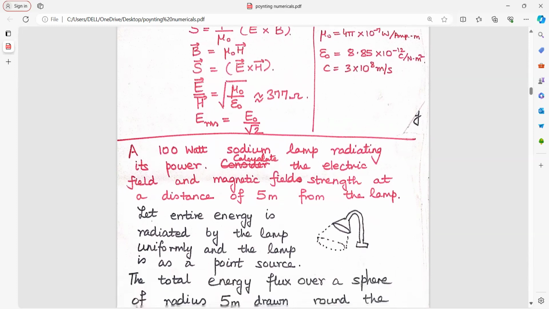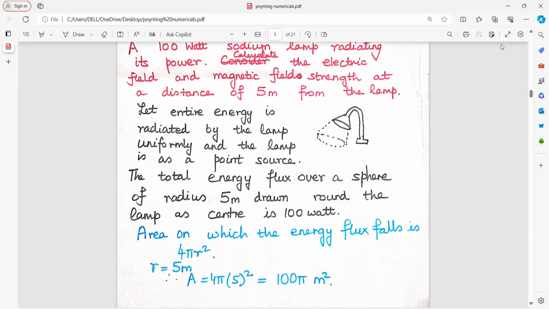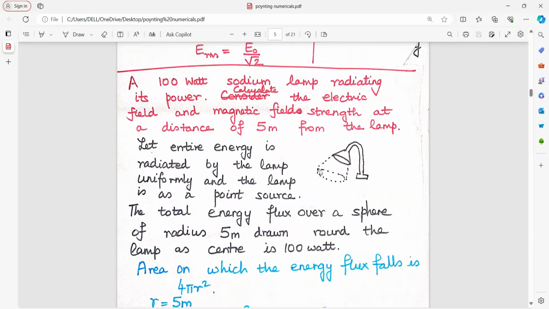Let us begin. A very common question asked in Poynting theorem is: a 100-watt sodium lamp is radiating its power. Calculate the electric and magnetic field strengths at a distance of 5 meters from the lamp. Here you don't need to convert the units; the power is given in watts.